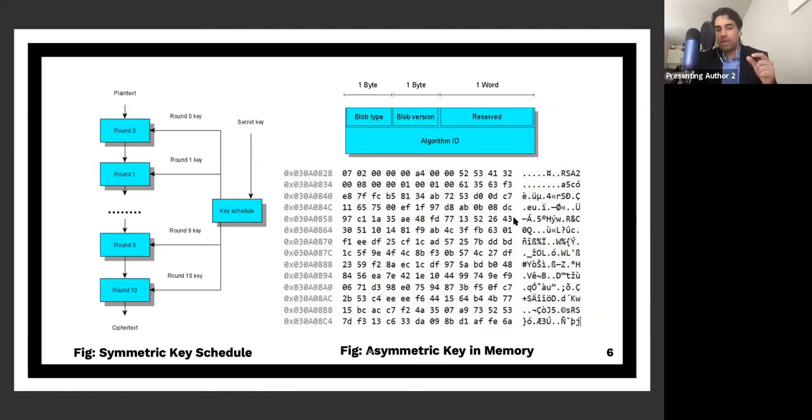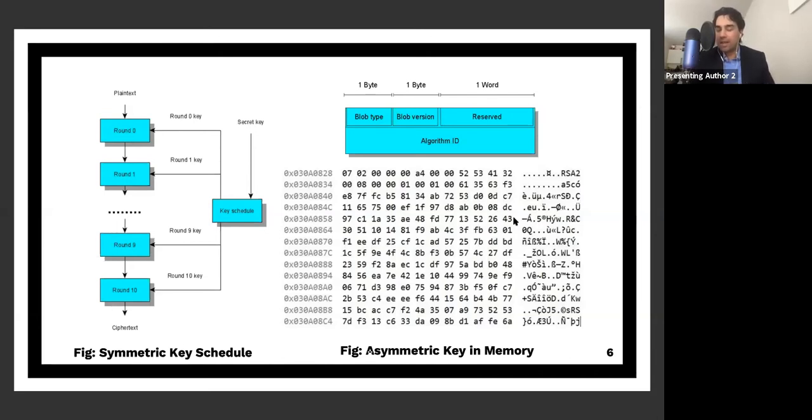And a key schedule, so there are different rounds in the symmetric cipher. For each round, there will be a round key, which will be pre-computed from this initial master key or secret key. And as blocks of plaintext come in, they pass through the rounds. They are transformed within each round. So this entire key schedule is held in memory while the key is being utilized for encryption.